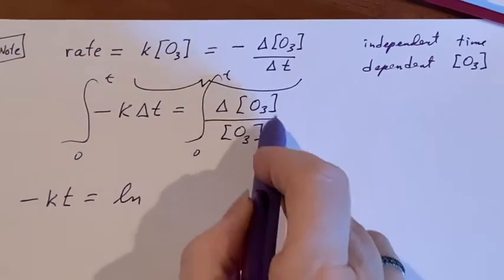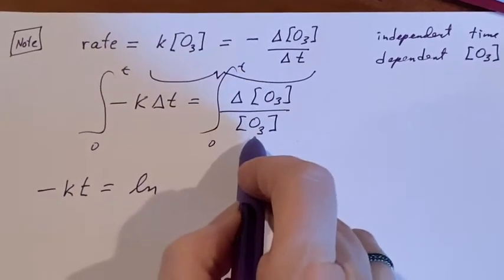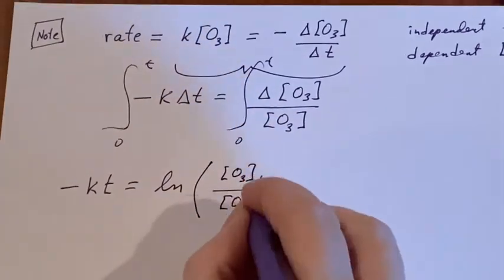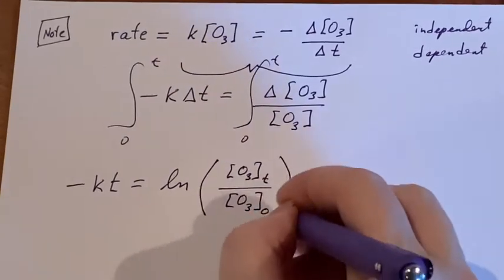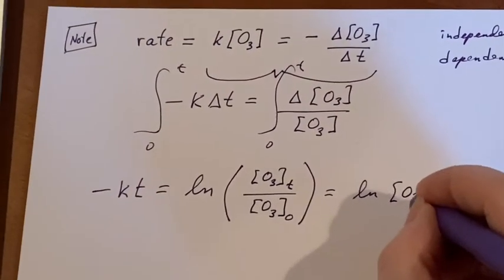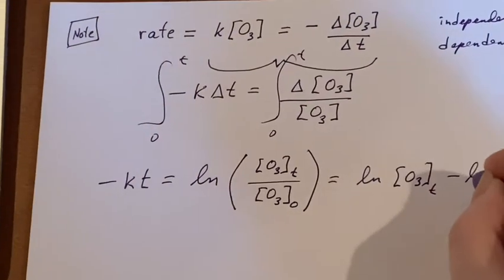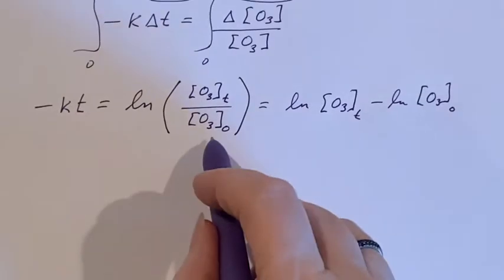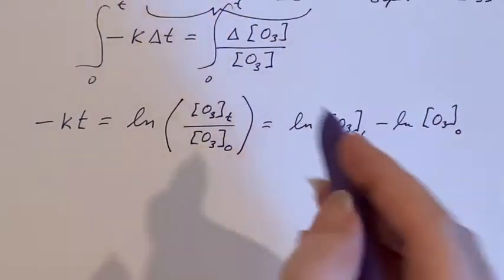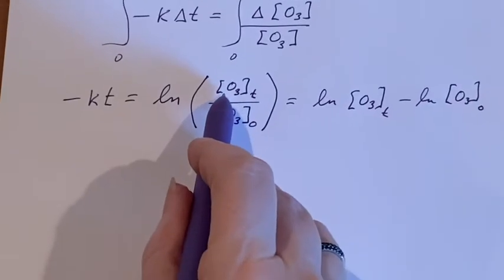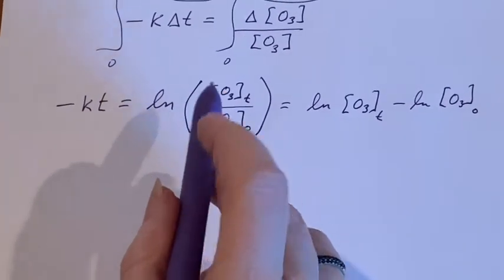If you have done calculus, you would realize this is a natural log of the concentration at time t over the concentration at time 0, which is also equal to the natural log of the ozone at time t minus the natural log of the ozone at time 0. If it was a general one, we'd say, okay, instead of saying ozone, we're just going to say it's something, X in this case.